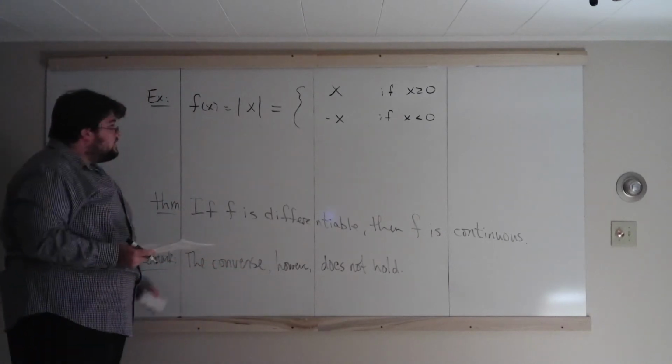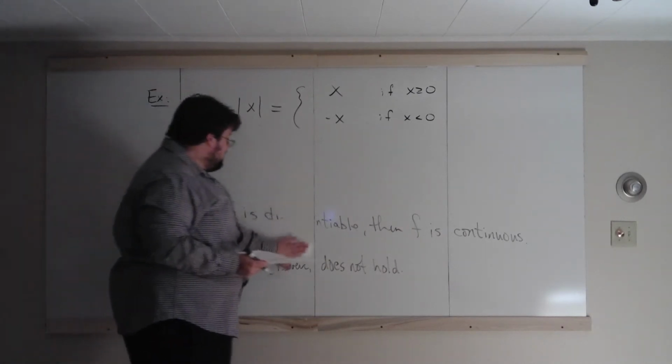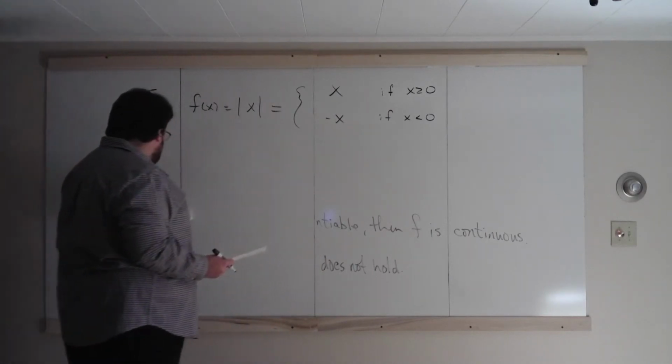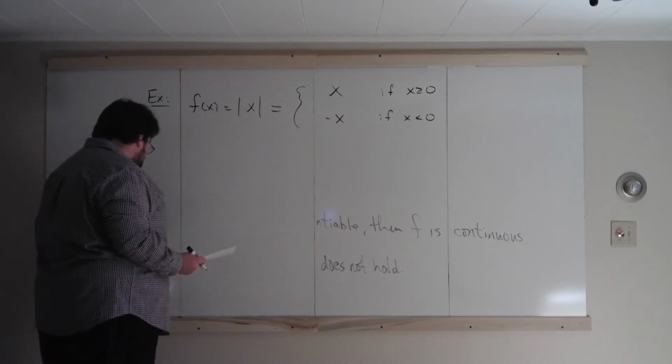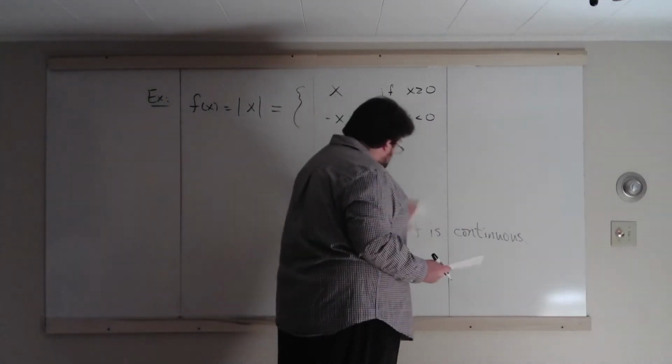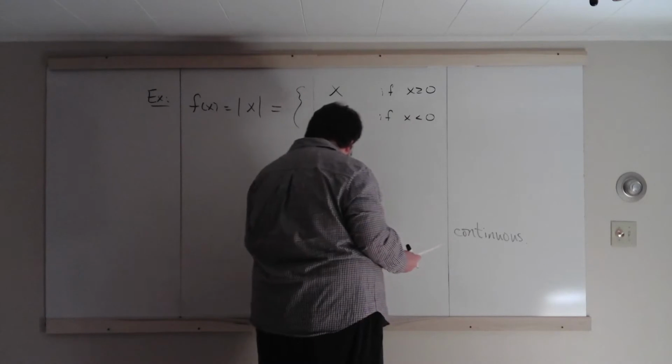And we're going to show that this function is not differentiable. Now, to show it's not differentiable, we need one point in its domain where the derivative does not exist. In this case, we will show that the derivative does not exist at 0.